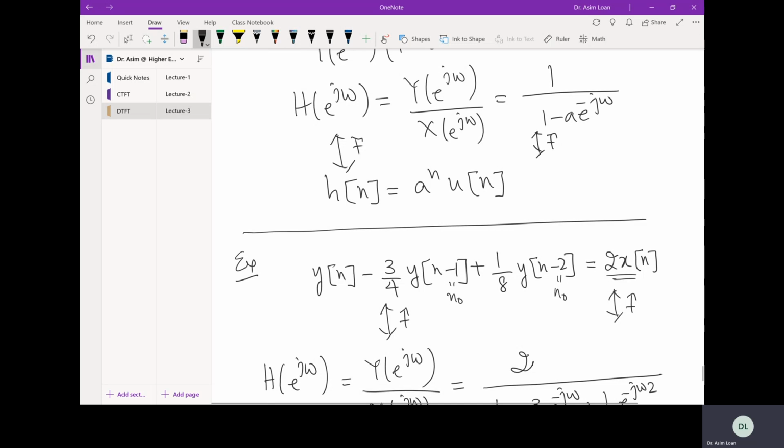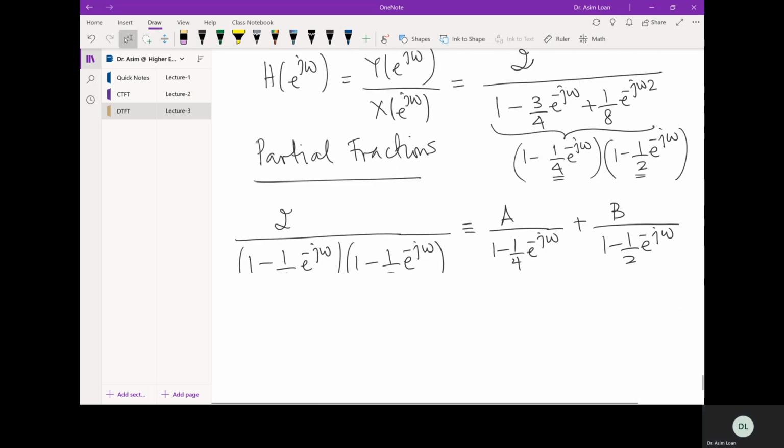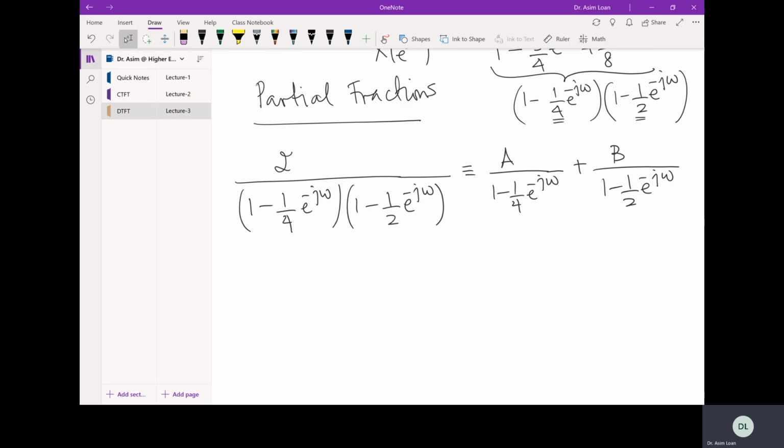Here you need to note that the magnitude of a is less than 1, otherwise this will not exist. So 2 is equal to A into (1 minus 1/2 e^{-j omega}) plus B into (1 minus 1/4 e^{-j omega}).